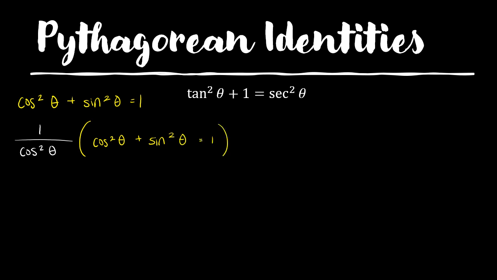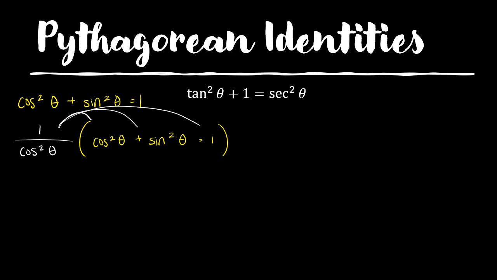equals 1. So we are multiplying both sides because we're multiplying the entire equation by this 1 over cosine squared. So we're going to need to distribute to all three terms that are involved in our equation. So what does that make? Let's see.